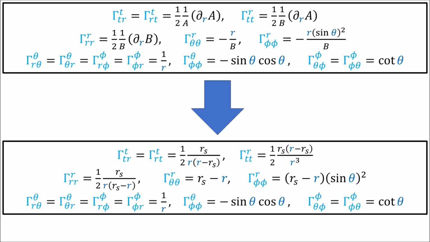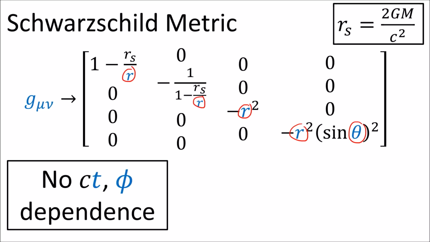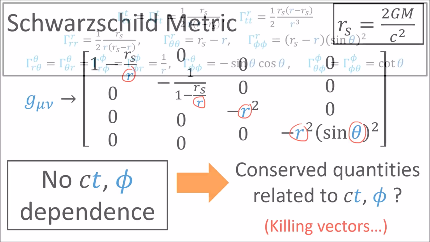So we now know all 9 non-zero connection coefficients for the Schwarzschild metric, written as explicit functions of r and theta. Now, you'll notice that our Schwarzschild metric only depends on r and theta, but doesn't depend on time or phi. This is a hint that there are conserved quantities associated with the time and phi variables. A more technical discussion of this involves killing vectors, but I won't discuss that in this video.